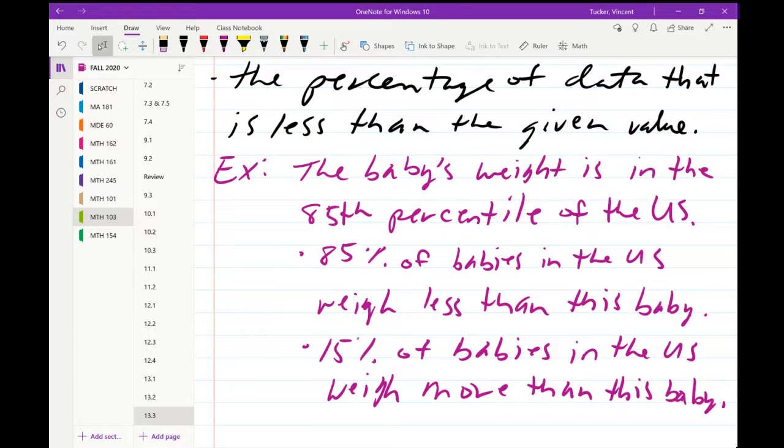So this baby is in the 85th percentile. That means 85% of the babies in the U.S. weigh less than this baby, and 15% of the babies in the U.S. will weigh more than this baby. So that's what it means to be in whatever percentile.